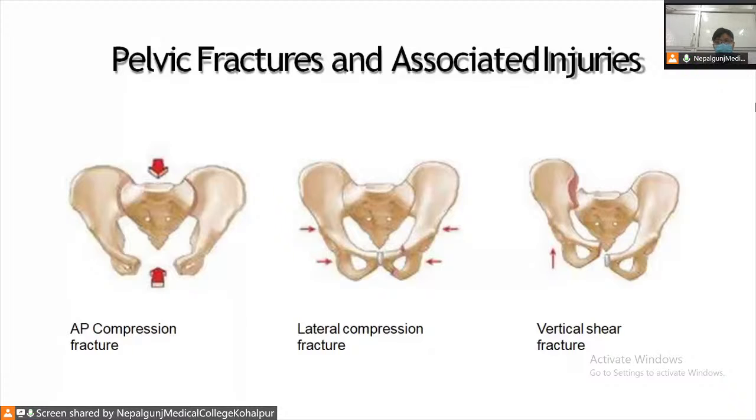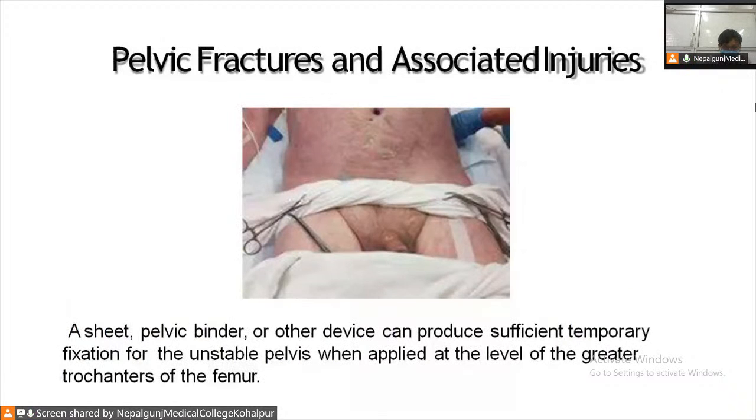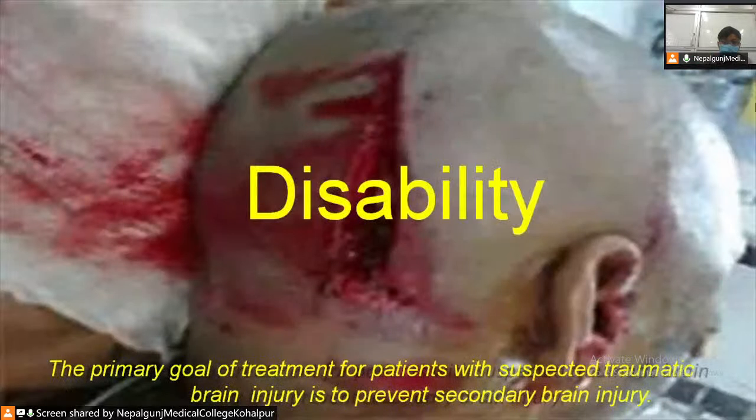What we need to do in this case is bind a sheet of towel, a pelvic binder, or another device that can provide temporary fixation of an unstable pelvis, at the level of the trochanter of the femur, so that blood loss is minimized in acutely severe conditions.